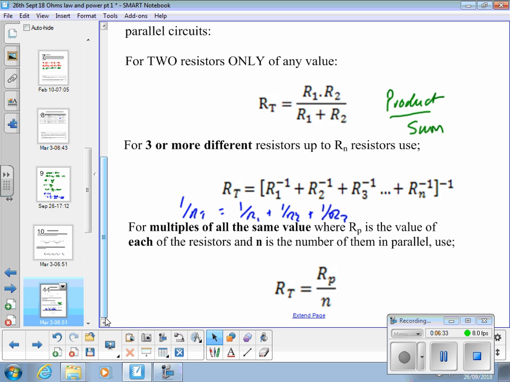So I tend to prefer it in that form, and all that effectively is the reciprocal.